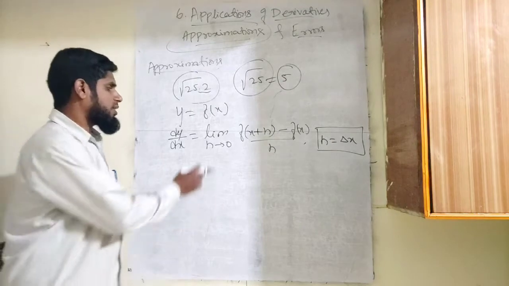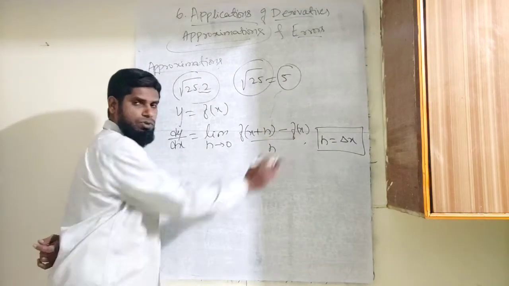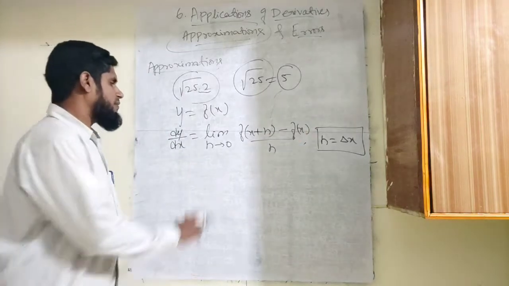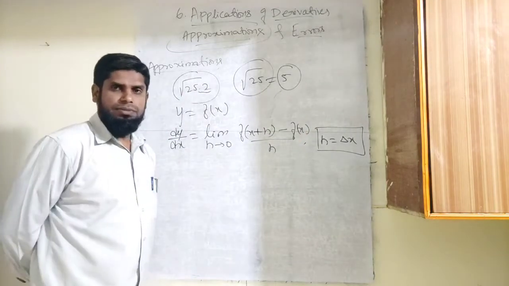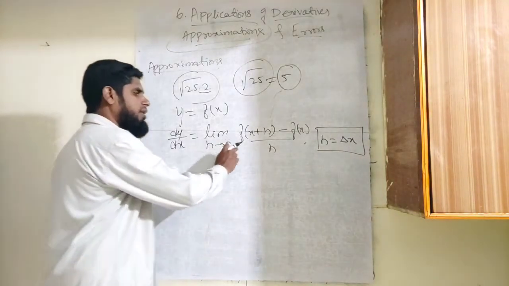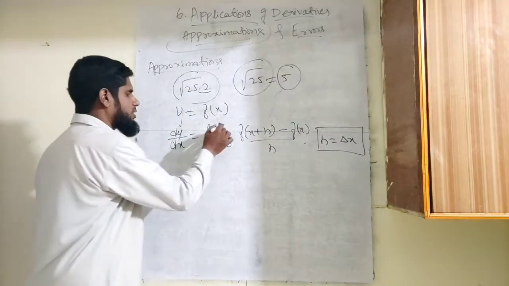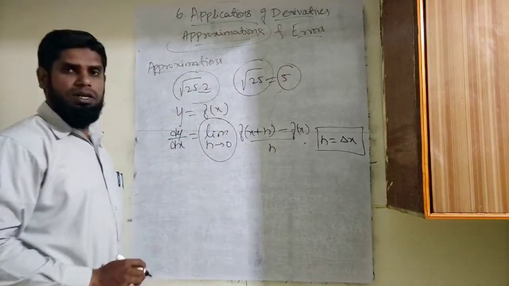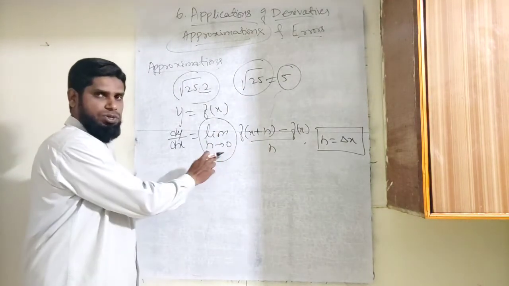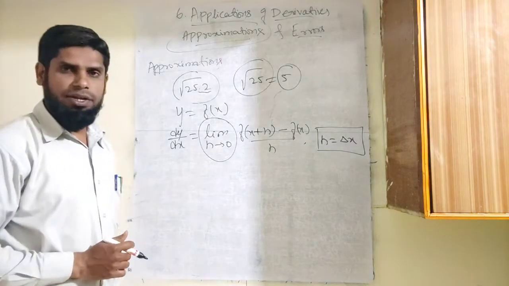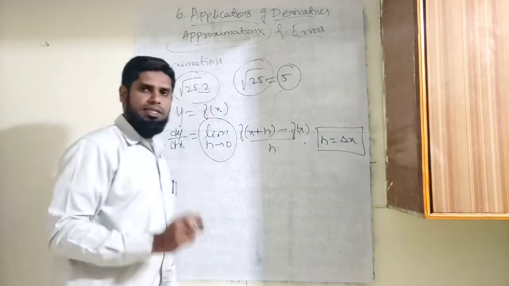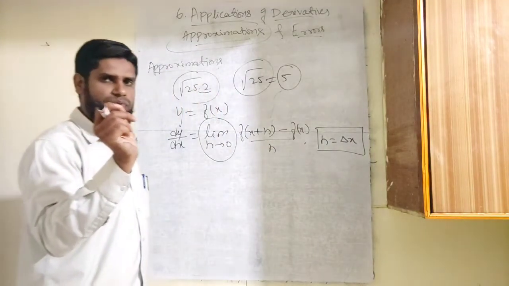Now here we said that h tends to 0. h is moving towards 0, but it will never be equal to 0. So let us consider h is not at all equal to 0. Instead of telling h tends to 0 here, let me tell h is not equal to 0, because h is a delta x. h has some value, a minute value.